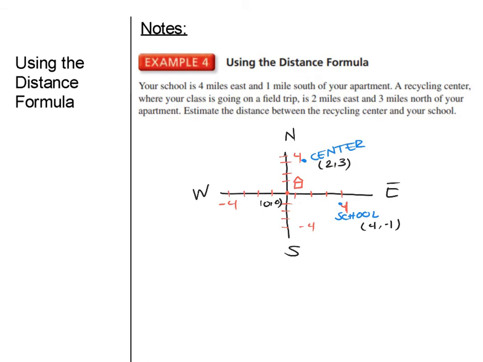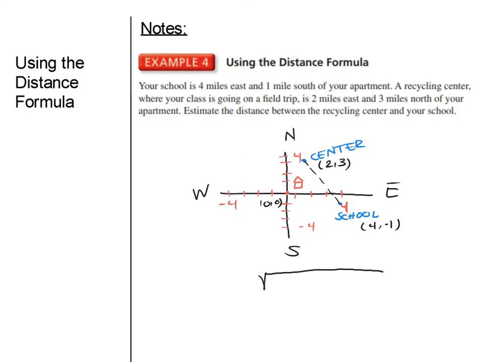All right. Estimate the distance between the recycling center and your school. So, I'm just going to draw this little line here. So, I just have to find that diagonal distance. Because it's a diagonal distance, I can't just find the difference. I have to use the distance formula. So, the distance formula starts with a square root.